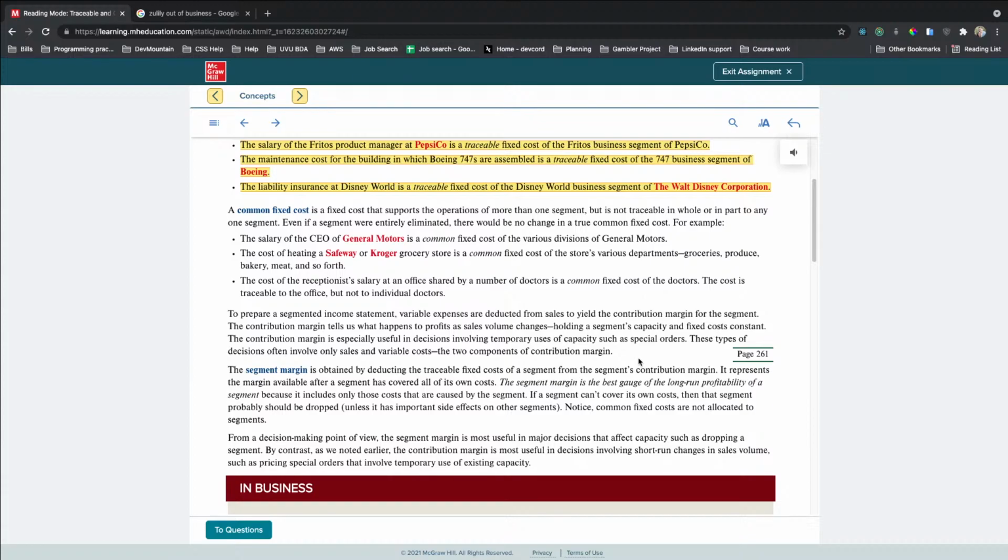Salary of receptionist of various doctors. Okay. So a common fixed cost is basically a cost that's shared by more than one segment.